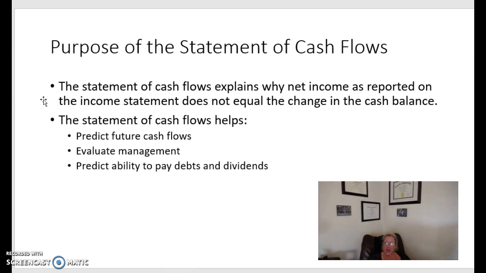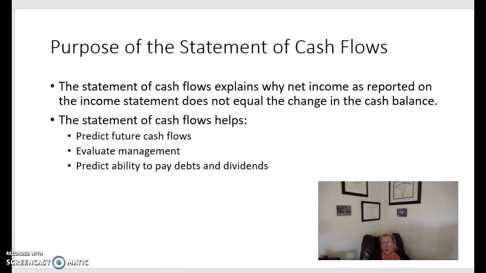What the statement of cash flows does is basically take that net income and change it to a cash basis balance so that you can see how cash was affected. So the income statement is accrual basis, but the statement of cash flows is based on cash basis, so that we can compare the two and see what's really happening.